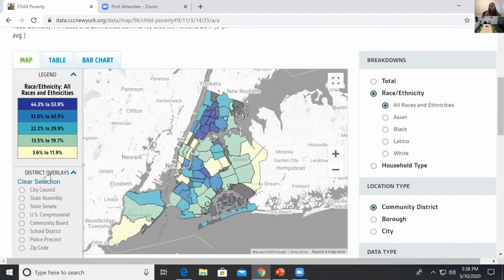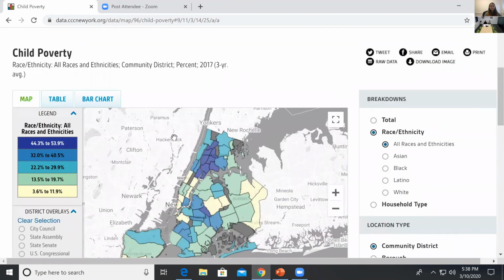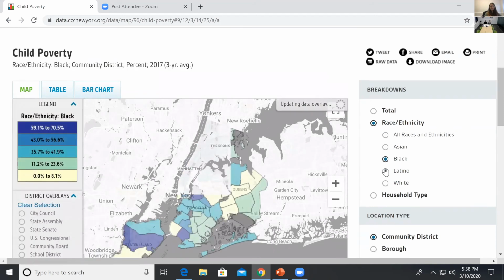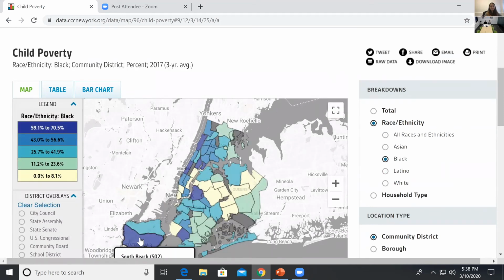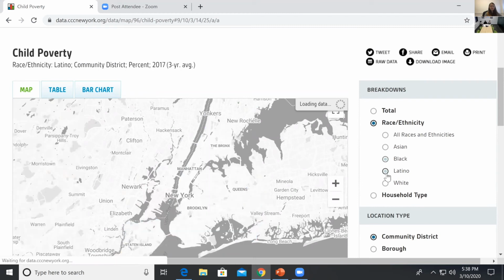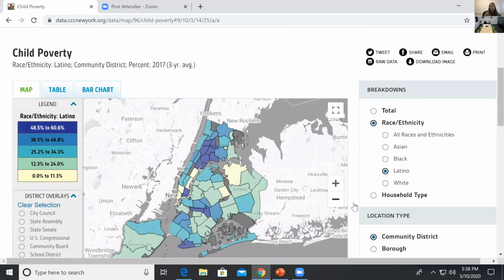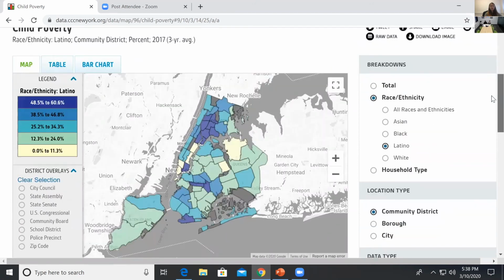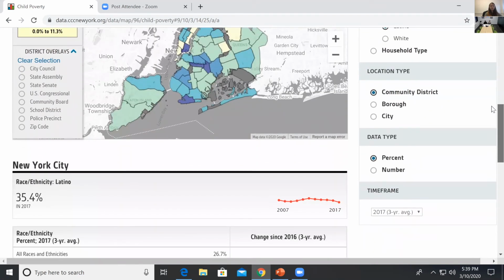So this is all, but then you can, over here, see the percentage of African Americans that are living in poverty versus the percentage of Latinos living in poverty. And those are just some more comparisons that you can make.